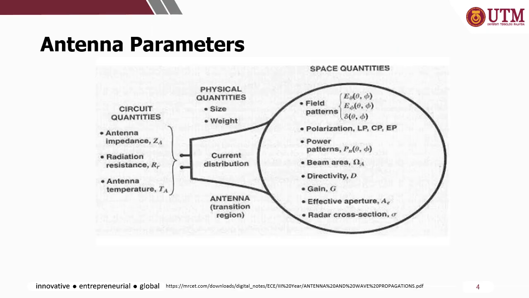The slide shows the antenna parameters from the circuit design process up to the transmission stage. In this course, we are going to discuss the space quantities related to the radiation pattern, polarization, directivity, gain, and so on.